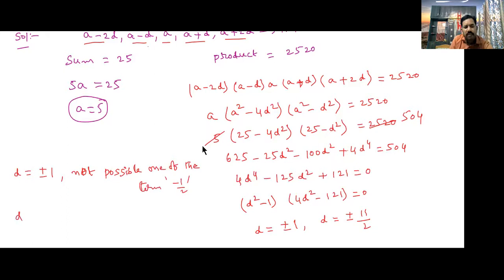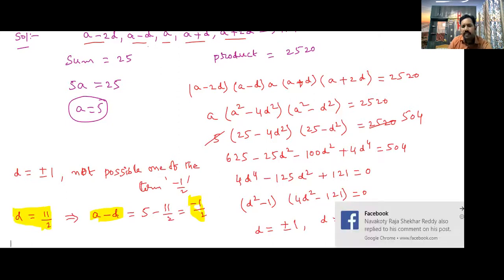If d value takes 11 by 2, then substitute here a minus d: a value is how much? 5. D means 11 by 2. Overall, we get minus 1 by 2. So it is possible when d value is 11 by 2, one of the terms is minus 1 by 2.